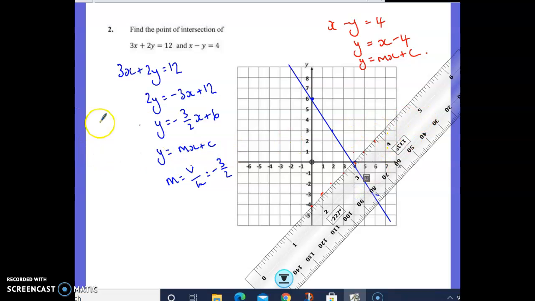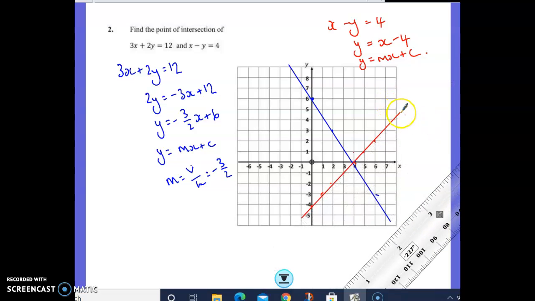Okay, that's close enough. So there's my line x minus y equals 4, and here is my point of intersection. So my point of intersection is the point 4, 0.